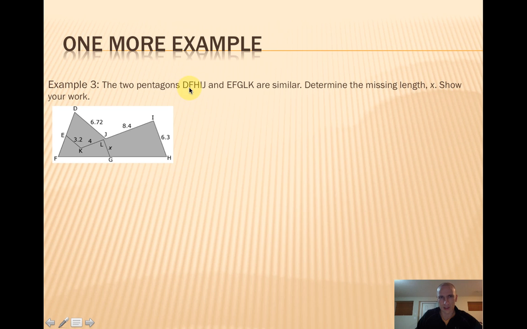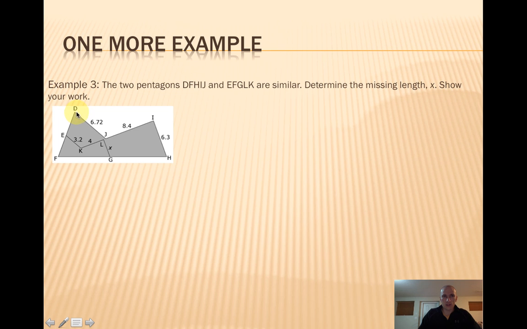Also, if you look at DF, that side length corresponds with EF. Those two sides are corresponding to each other. It just helps you get an idea of how to determine what corresponds to what in these figures. So the instructions here are to determine the missing length x and to show your work for that.